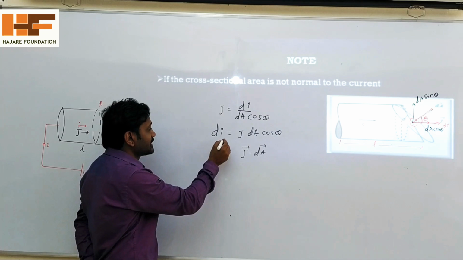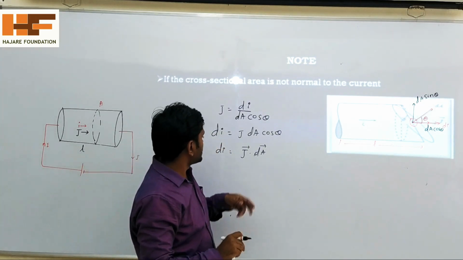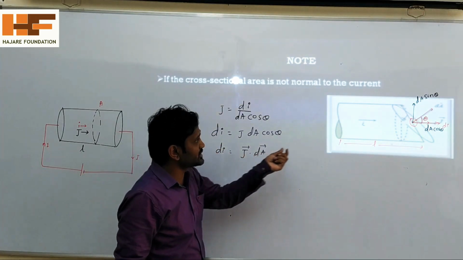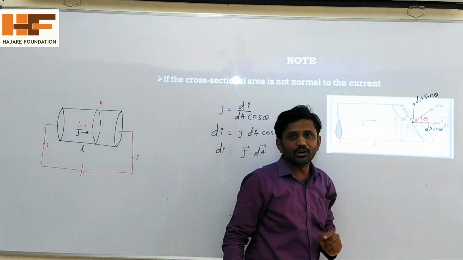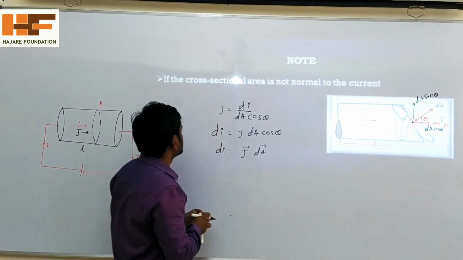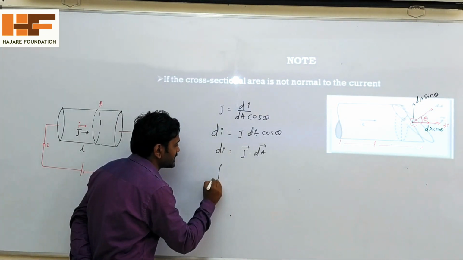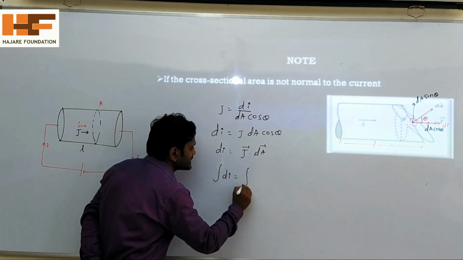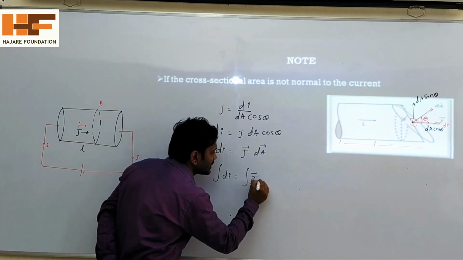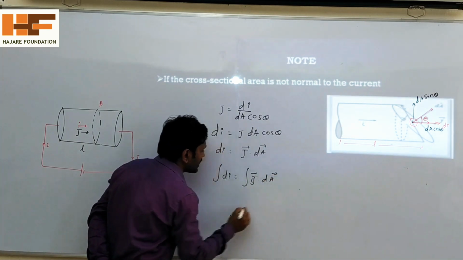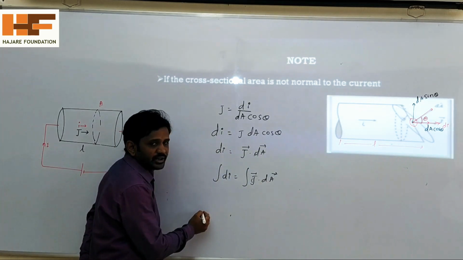Right? Then what is that? It is the current through this area element dA. Then what is the current through that cross-sectional area A? That's why we integrate this. Integration of dI is equal to integration of J dot dA. What is the integration of dI?